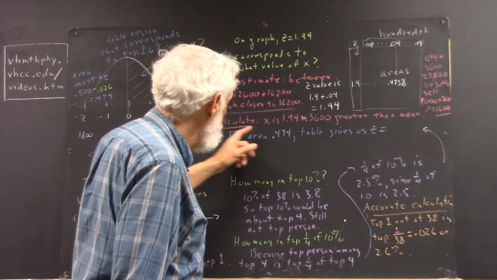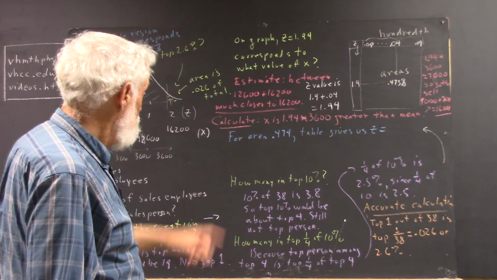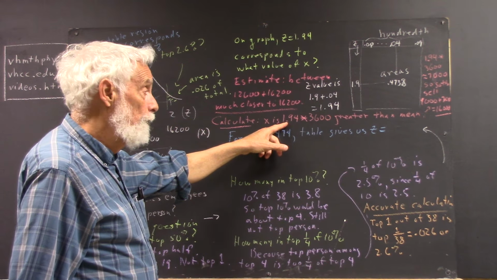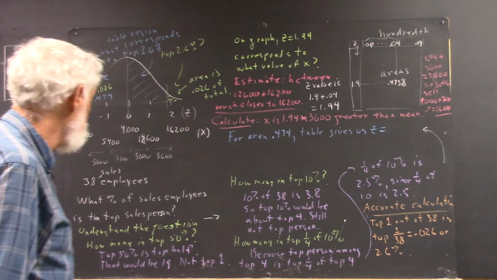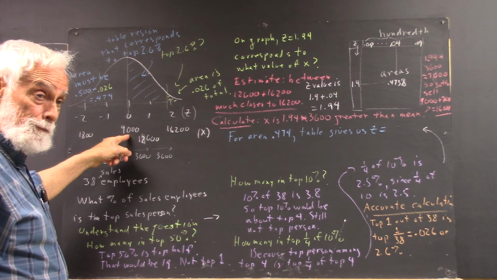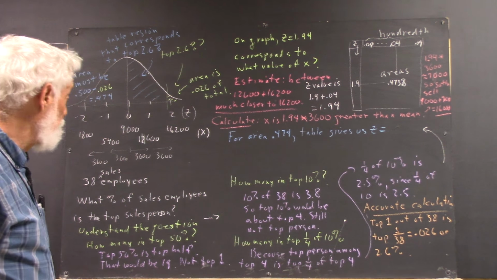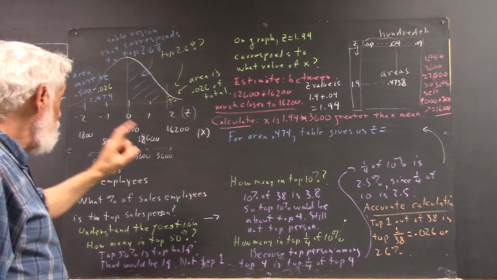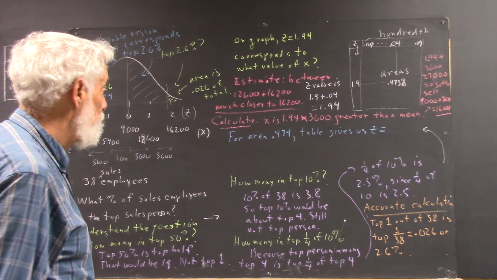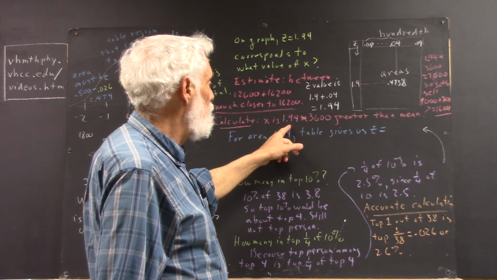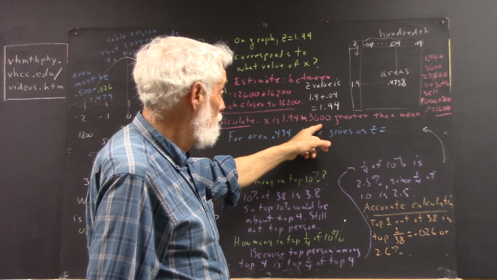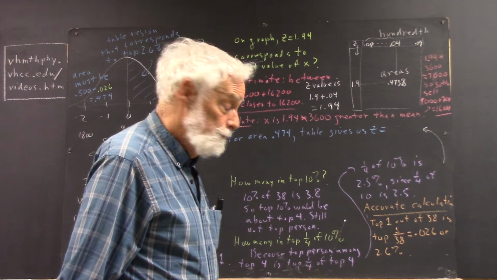Now, how do we calculate that? Well, X is 1.94 standard deviations from the mean. Z equals 1.94 means 1.94 standard deviations. Standard deviation is 3,600. So X has to be 1.94 times 3,600 greater than the mean.